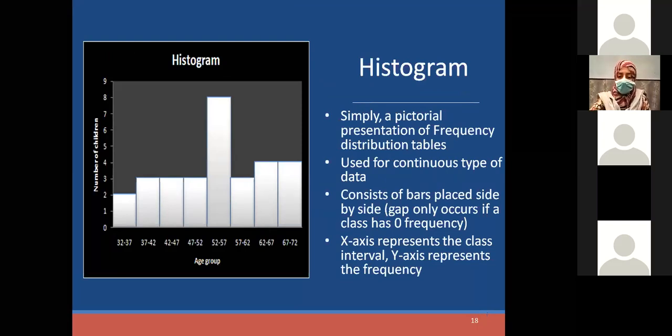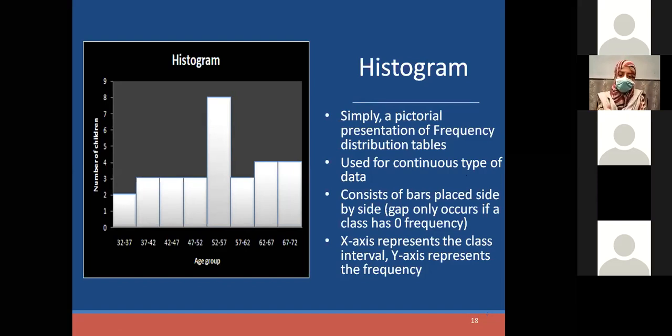It's used for continuous type of data in which you have fractions, and it has bars which are placed side by side. Please remember, the difference between a bar chart and a histogram is that bar charts have spaces in between them, but histograms will not have any space between them.